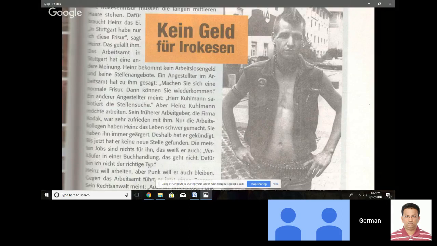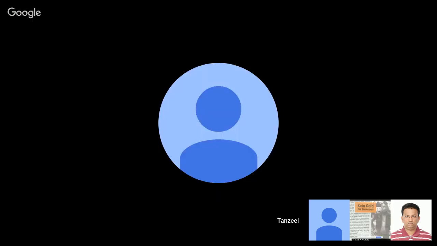Aber Heinz Kuhlmann möchte arbeiten, but Mr. Kuhlmann wants to work. Sein früherer Arbeitgeber, die Firma Kodak, war sehr zufrieden mit ihm. His old employer, the company Kodak, was very happy with him.